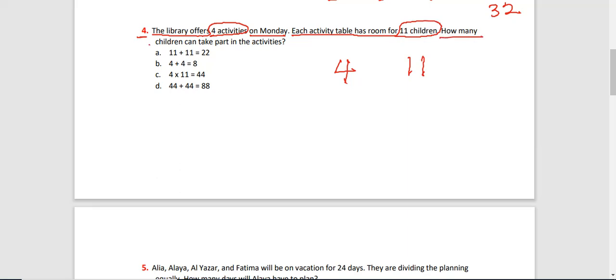How many children can take part in the activities? So there are 4 activities and each table has 11 children. To find the total number of children that can participate, you multiply 4 multiply 11 and this is the only correct option, 44.